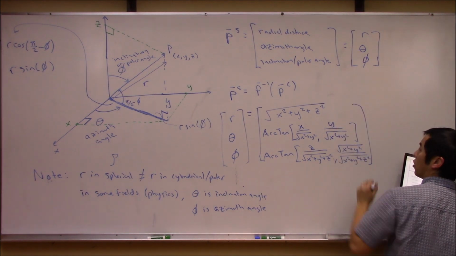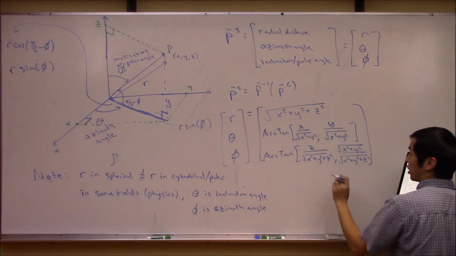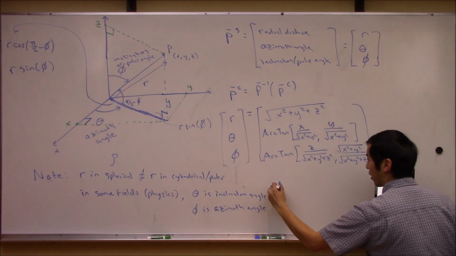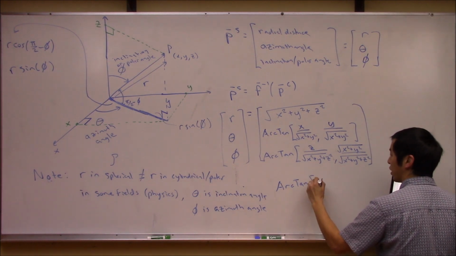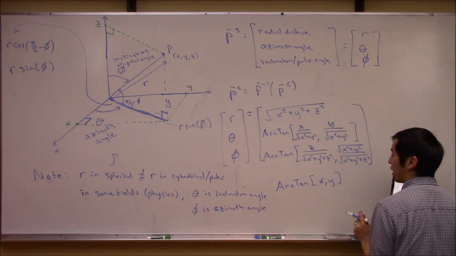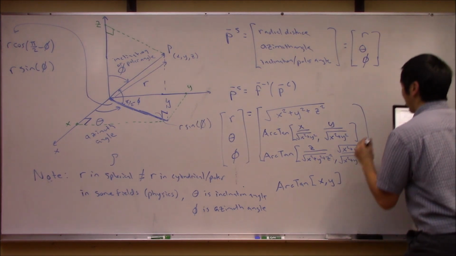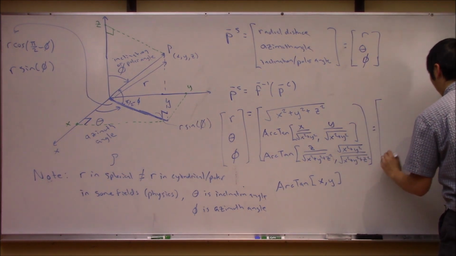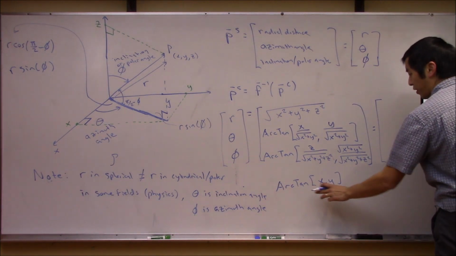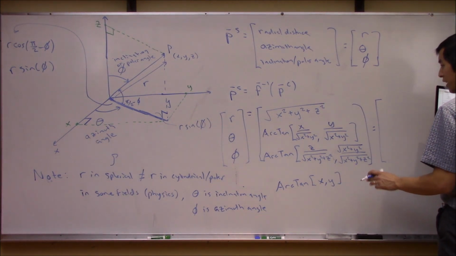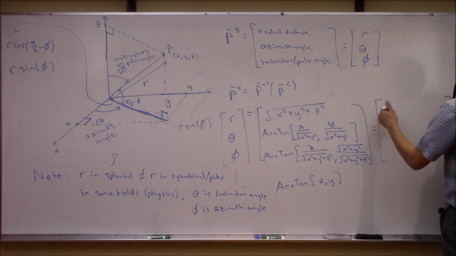Okay? So this was the Mathematica interpretation, but remember that we needed to be a little bit careful that Mathematica, when it does the 4-quadrant inverse tangent, it wants x and y. Okay? So more traditionally, what you would see is atan2, which is a little bit more popular implementation of the 4-quadrant inverse tangent. So this is going to be the same. Radius is going to be the same.